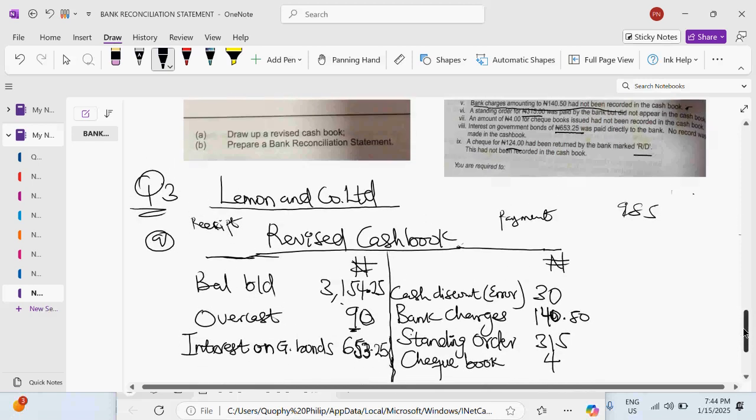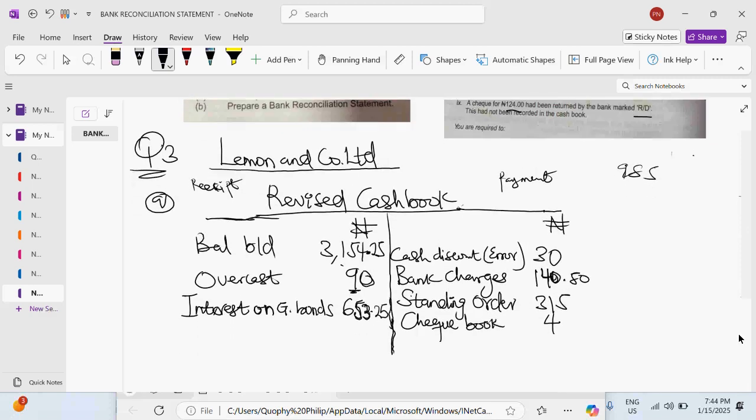Dishonored check. So where do you record a dishonored check? When you give checks to your suppliers, your creditors, you record it on the credit side, right?